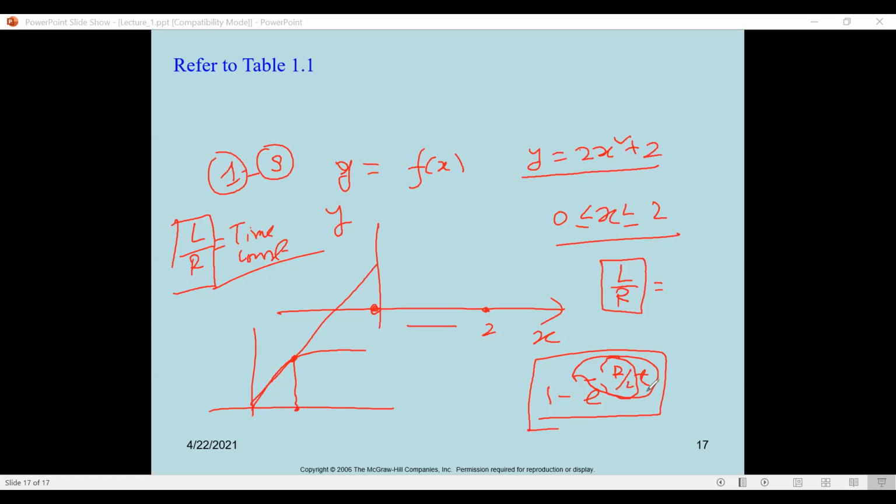You see that when t is equal to L by R, this equation becomes 1 minus e to the power minus 1, which is equal to what?